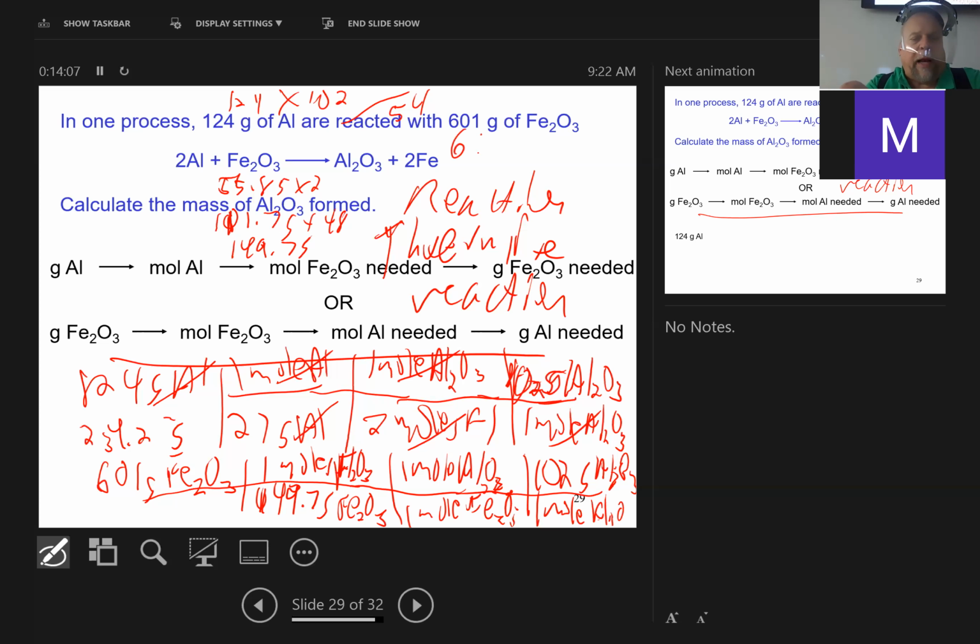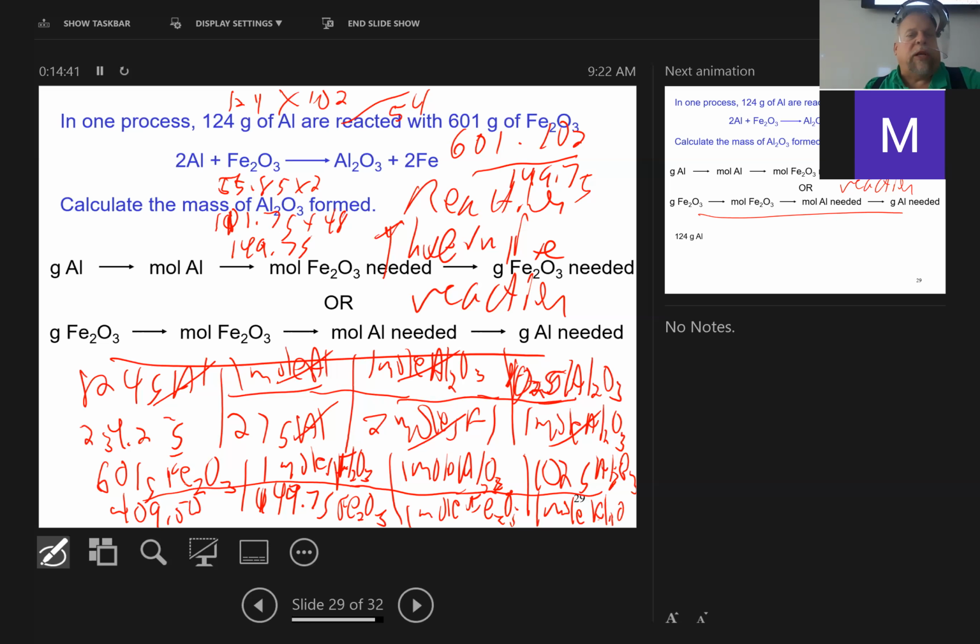This is 601 times 102 divided by 149.7. What is that number going to be? 601 times 102 divided by 149.7 is 409.50.